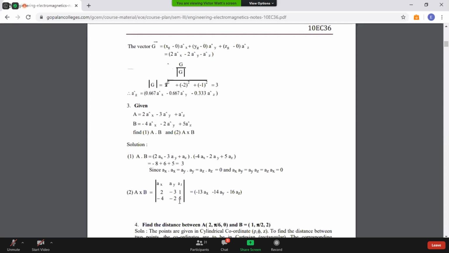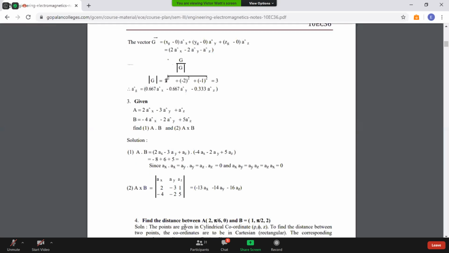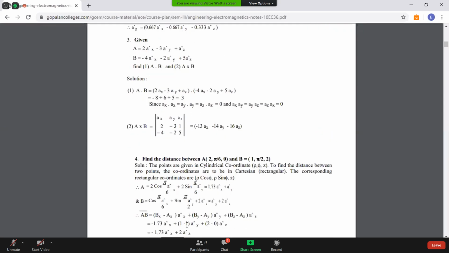And then you take out this column, so you'd end up with minus 4 minus 12, which is minus 16. Very comfortable? Yes, sir. Good so far.